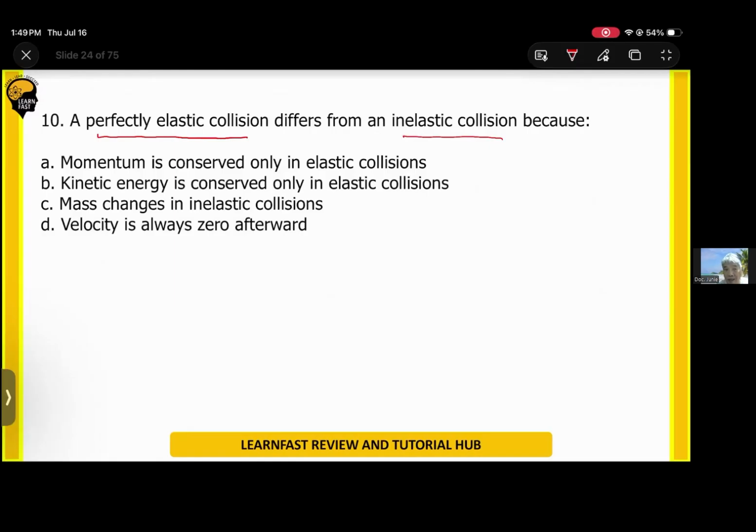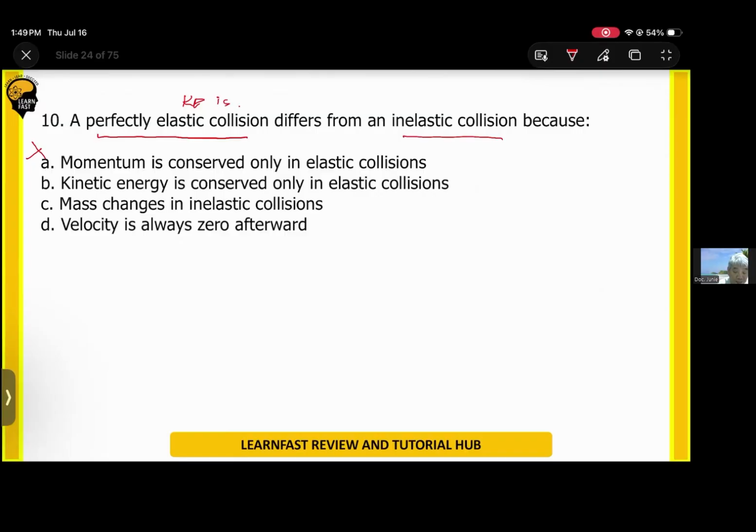That is wrong because momentum is also conserved in inelastic collision. So letter A is wrong. In a perfectly elastic collision, kinetic energy can be conserved, but in an inelastic collision, kinetic energy is not conserved.